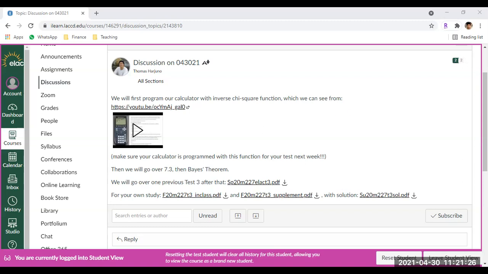Okay, now let X be the number of defective chips from B. So this X will be binomially distributed.